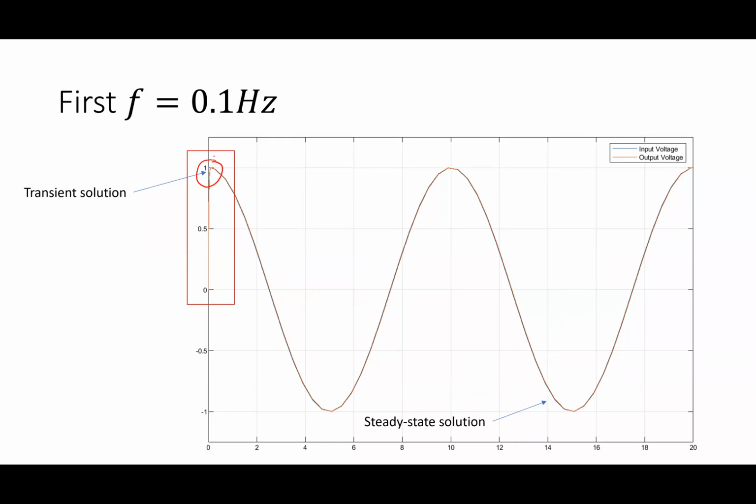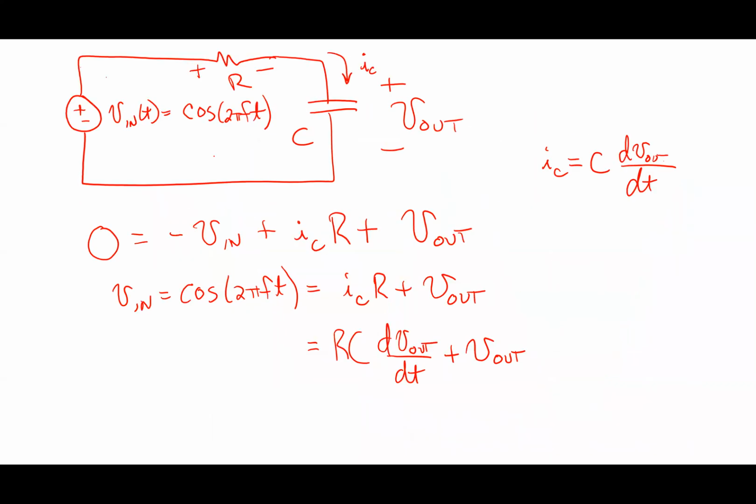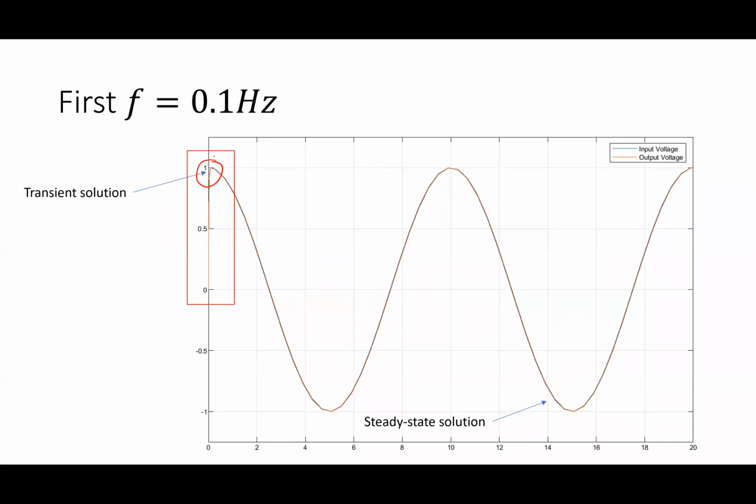The output being the voltage across this capacitor. So this guy right here, what I've highlighted in this red box, that's the transient response. And then the steady state solution looks almost exactly like the input voltage.